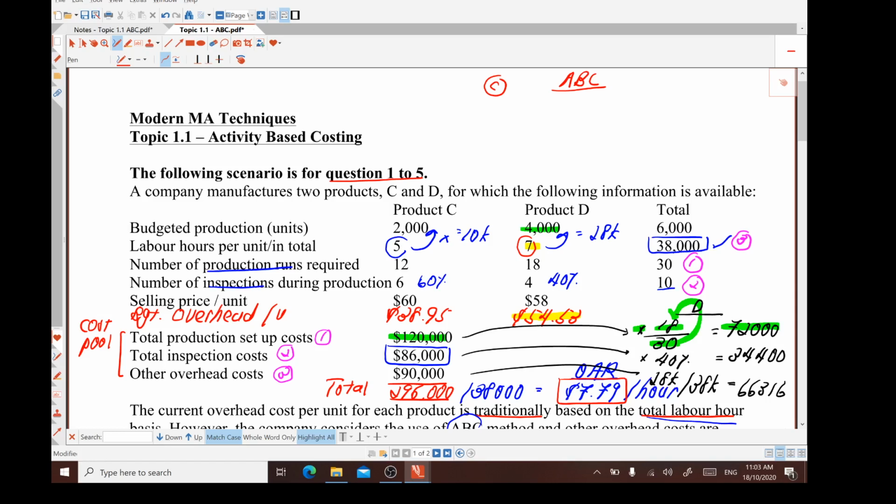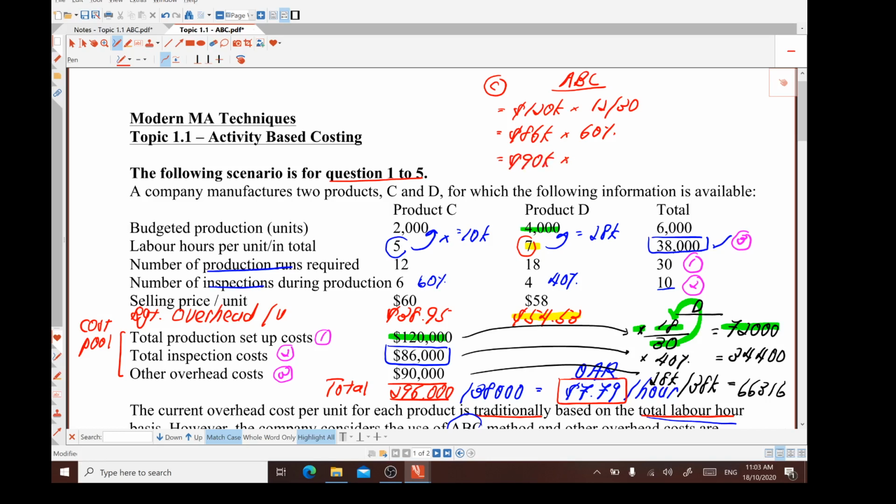Now, we're going to have the setup. The setup is when we take the 120,000 and we say that's with the number of production runs. So this number of production runs is like 12 over 30. And the second one, we know this is like 86,000. So inspection by itself, we know we are taking 60%. And number 3, the third one, that's like $90,000.